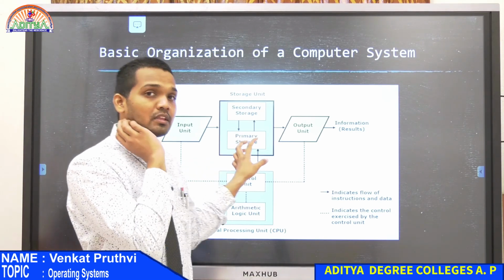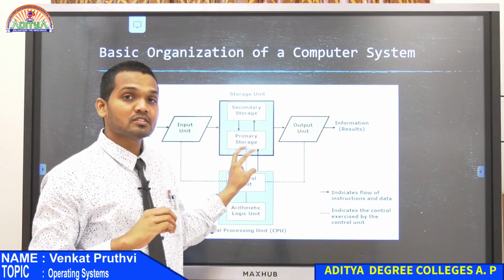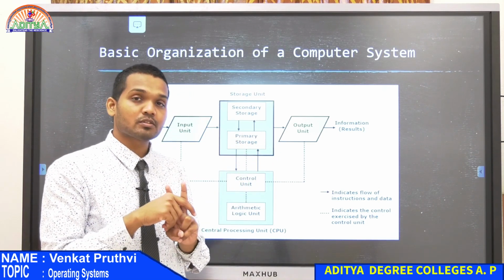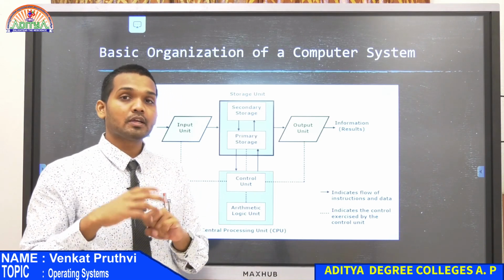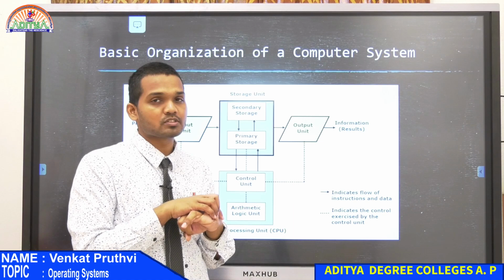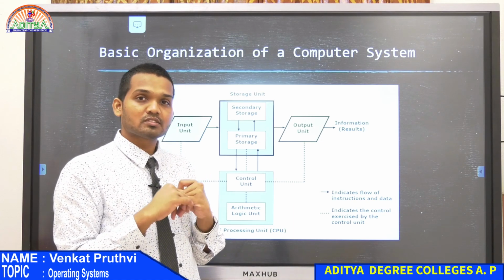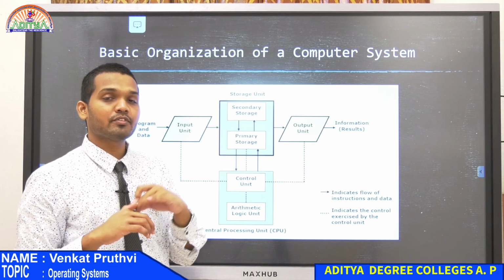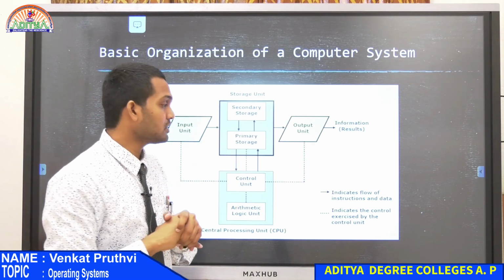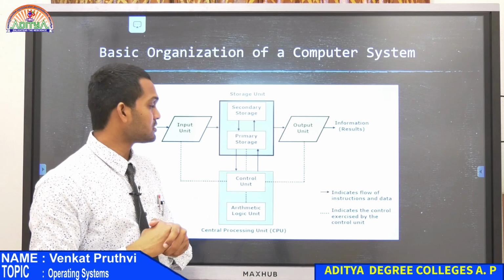Now, P2 and P3 are the next two processes that we have. What are those two processes? The second process, P2, is opening a Chrome browser. And the third process is we wanted to listen to music, so we were trying to open an existing music player application in our system.